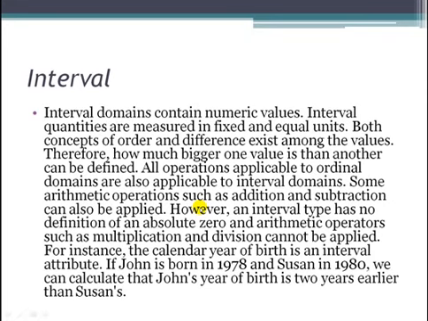It means the absence of all energy. So I can say that, for example, 50 degrees Kelvin is twice as hot as 25 degrees Kelvin. That's the difference between interval data and ratio data. Ratio is Kelvin. Interval is centigrade.